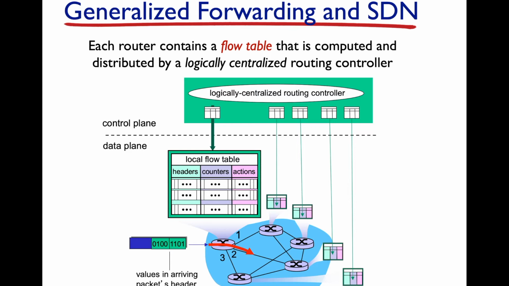And instead of a forwarding table in SDN, we have something called a flow table. And that flow table allows you to, in a more sophisticated way, alter the pathways that your packets take through your router switching fabric. That is the set of routers in your ISP.